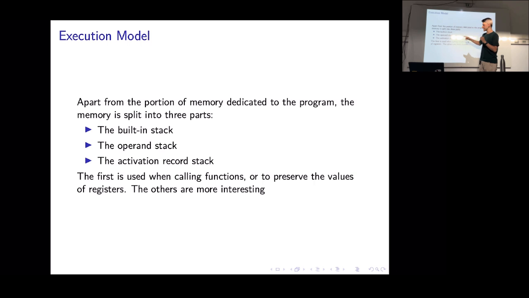The other 2 stacks are respectively the operand stack, which is what's used, for example, in the Java memory model for handling operators, and the activation record stack, which is used to hold information about a function call and handle dynamic and static links.